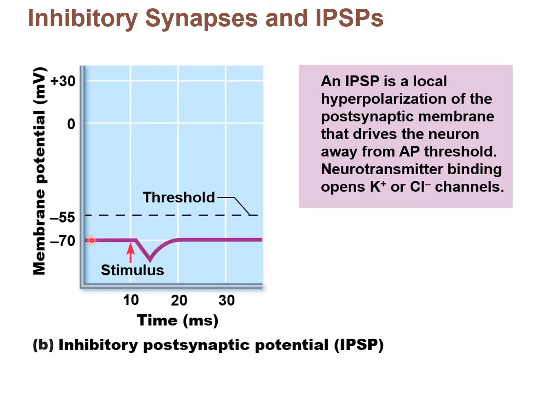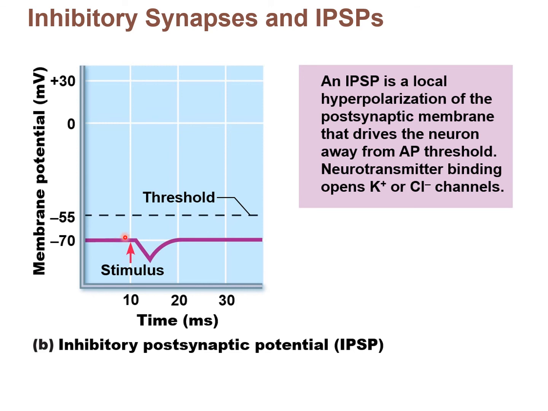So here's our resting membrane potential, and our dendrite received the neurotransmitter, but this happened to cause hyperpolarization. If we look, now we're farther from threshold than we were at rest. Remember, -70 is your resting membrane potential, and since we moved farther from threshold, now it's less likely that an action potential will occur because it has much farther to go than it did originally.